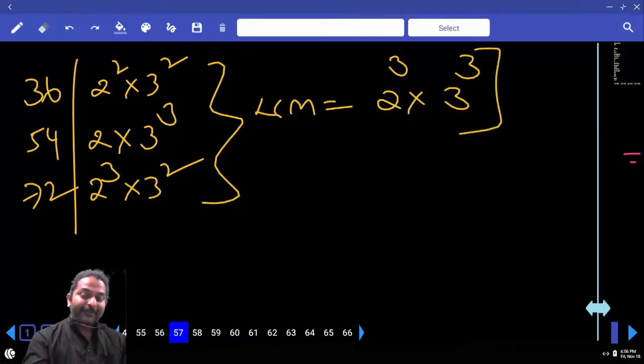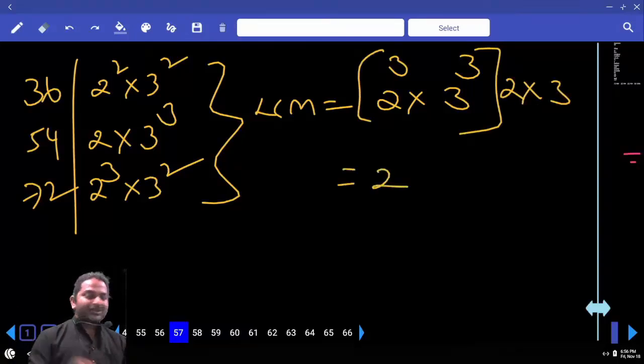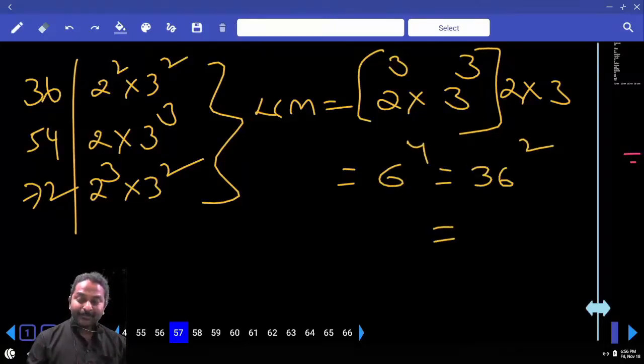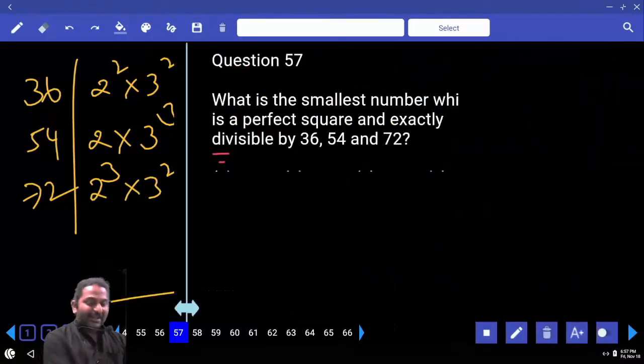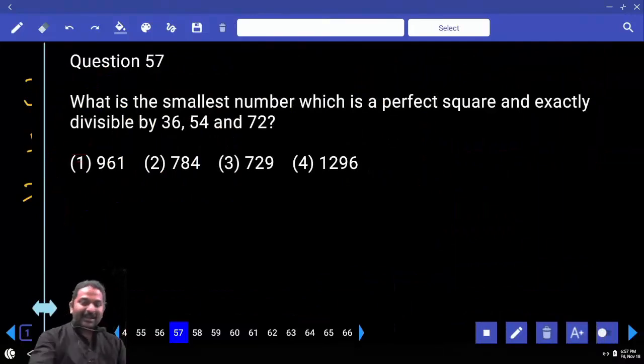To make it a perfect square, you have to multiply it with 2 and 3. So finally it is 2 power 4 into 3 power 4. Can I write it as 6 power 4? Can I write it as 36 whole square? Answer: 1296. This is what you are supposed to do, but I don't like everything. Wait, we can do it simply.